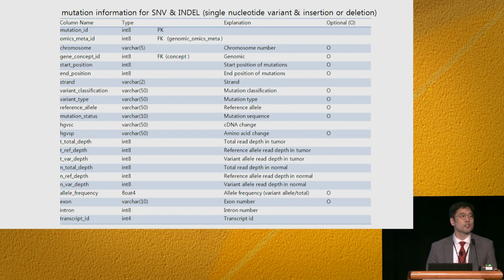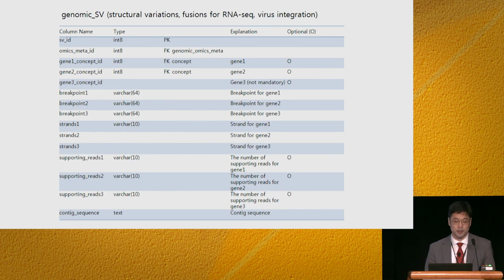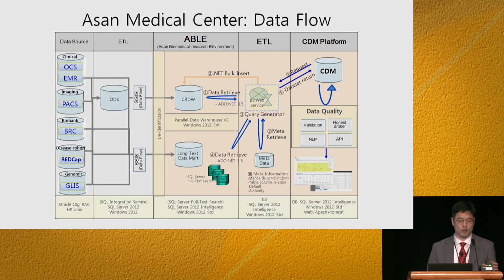In a perfect world or the research world, you could obtain all these data. However, in the clinical world, depending on the vendor and the Department of Pathology, there was variation in which information could be put into the table and which could not be obtained. Expression was another very important part, because how you mix this with your prior molecular pathology data was important, to see that it was consistent across the board.